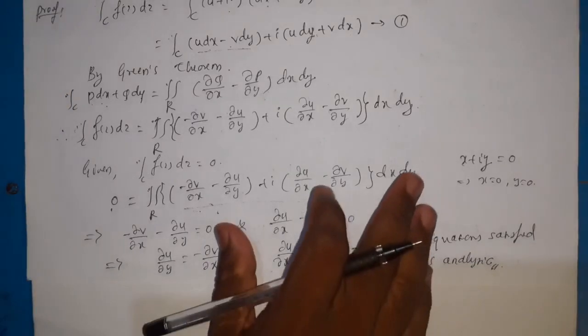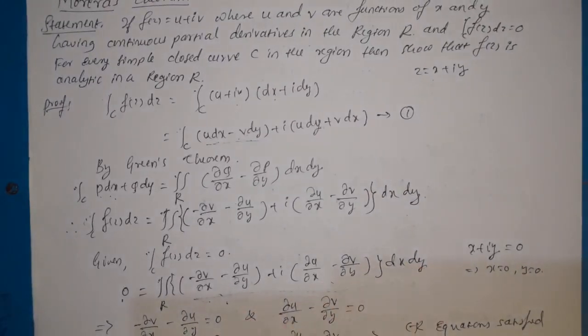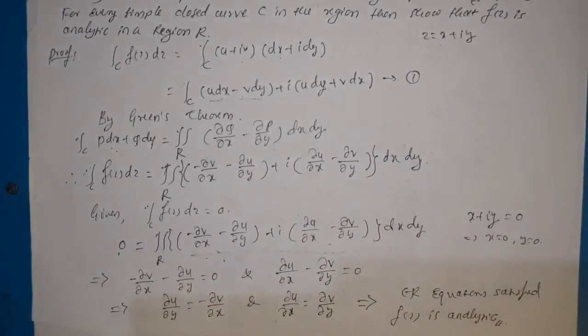So hence the proof. By this theorem, the second unit, that is complex integration, is completed, and from the next video let us start the third unit.